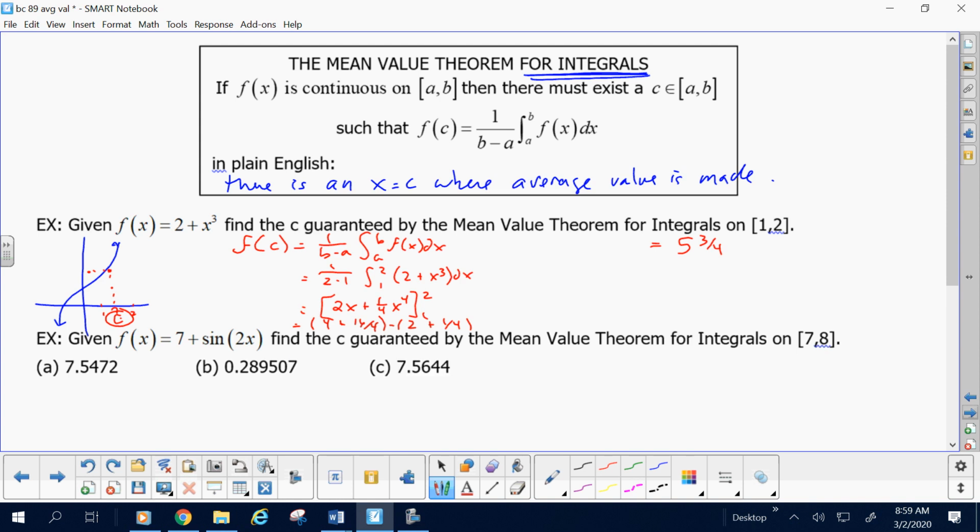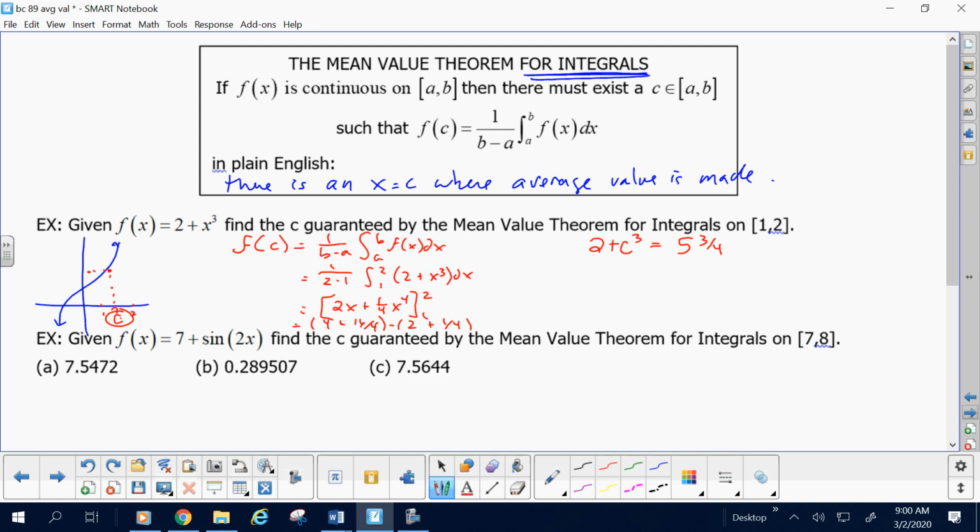Do we all agree? Now, all that said, that's great, but I want to find where is the x, or the c really, the specific c where that value is made. So I want to know, when does the function 2 plus c cubed equal 5 3/4? What's the x value where that y value was made? So now, after I found the y value, I need to go back and say, all right, the x must be this.